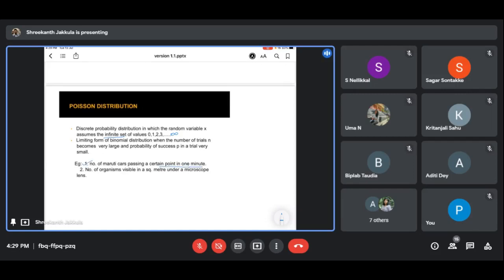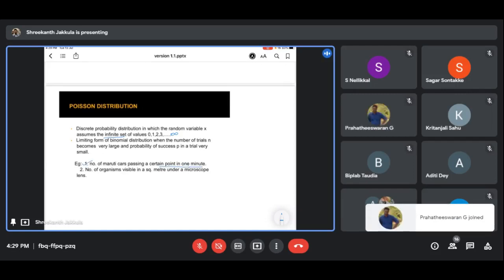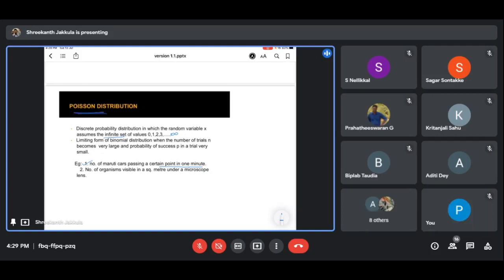If you are asking such questions, that will be the Poisson distribution. And if we come to the lab and see through a microscope how many organisms are visible, that also comes under Poisson distribution. So this is the limiting form of the binomial distribution.